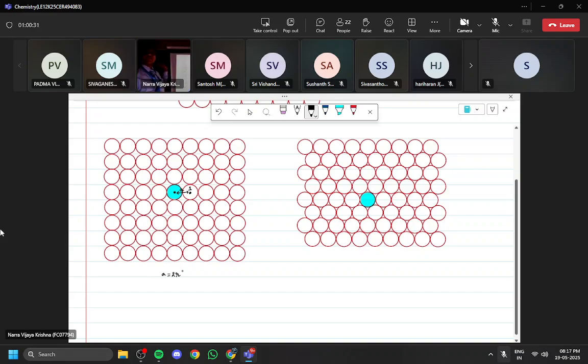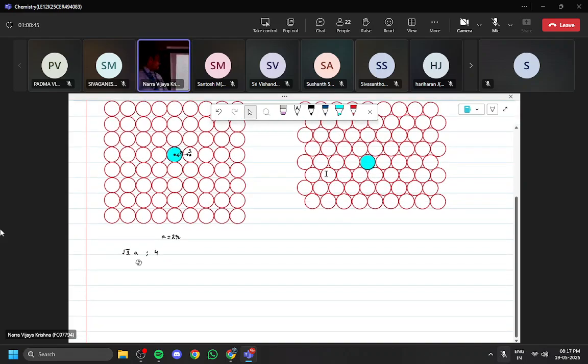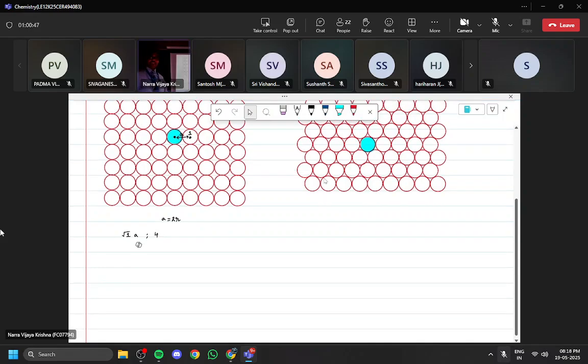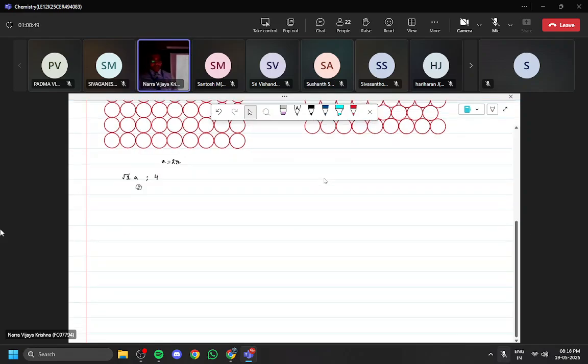Acceptable? How many such nearest neighbors do you have? 4. So I am writing root 1a, comma 4. And root 1a is 1a. So he is your first nearest neighbor.